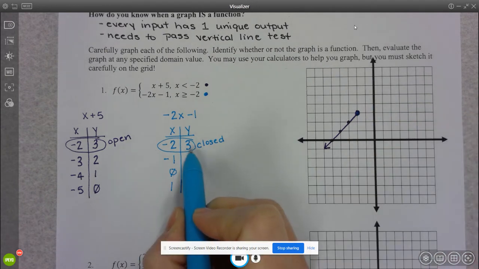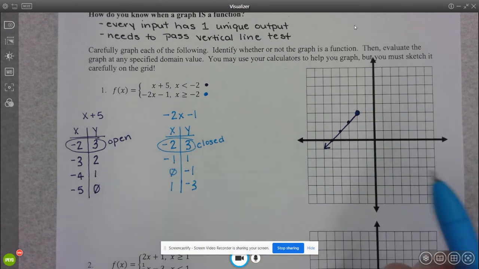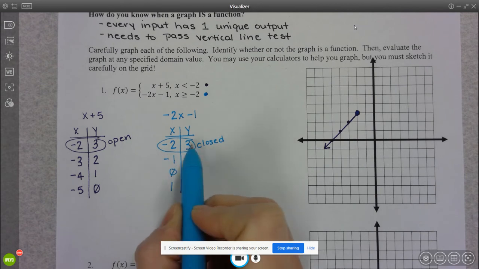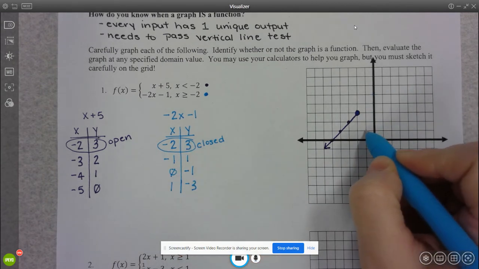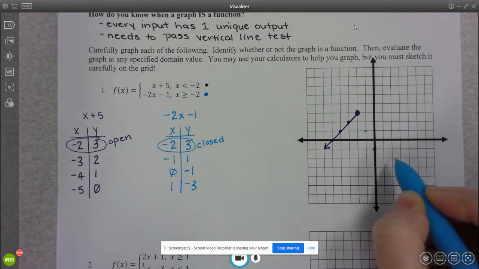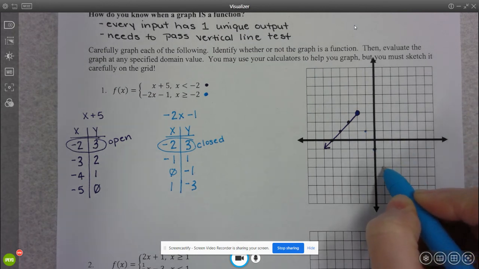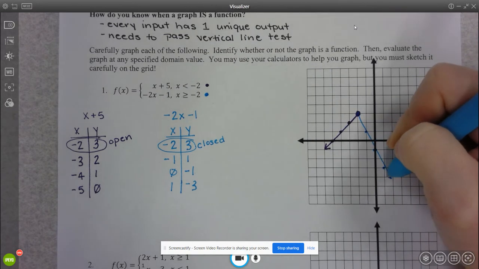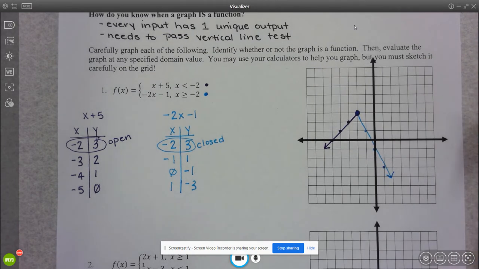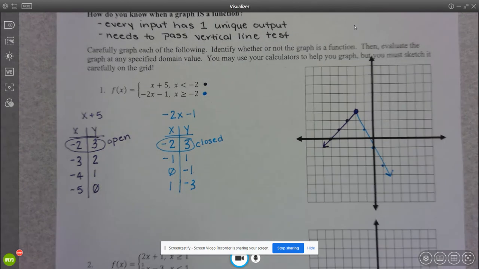So because of this being the exact same point, I'm going to fill it in, and this one wins. So then negative 1, 1, 0, negative 1, 1, negative 3. And then I'm going to connect those points. Pretend that that was a straight line. So that's graphing if you're using a table.